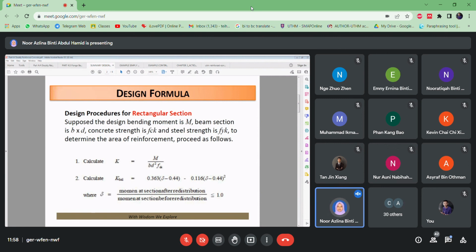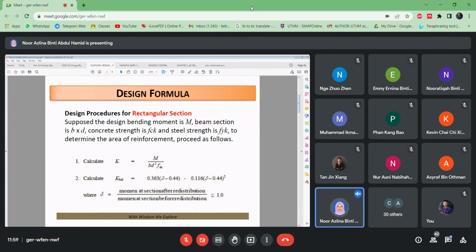So make a ratio 80 over 100. Berapa actually you punya delta here? Kalau ada redistributions. Kalau tak ada, so maksudnya after sama 100, sebelum sama 100, maksudnya delta awak ni satu je lah.